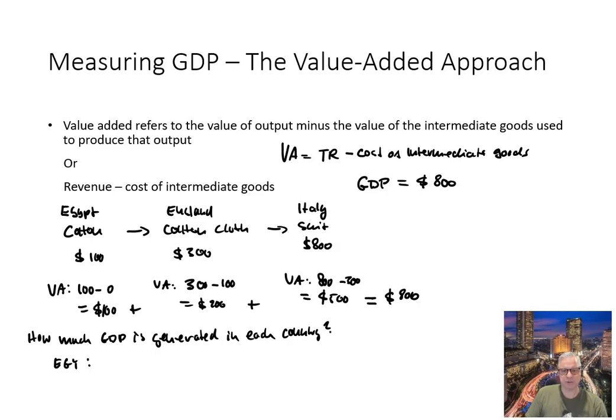It sold the cotton for $100, didn't have any intermediate costs, so the income, the profit, is equal to $100, which is equal to income and equal to the value added.